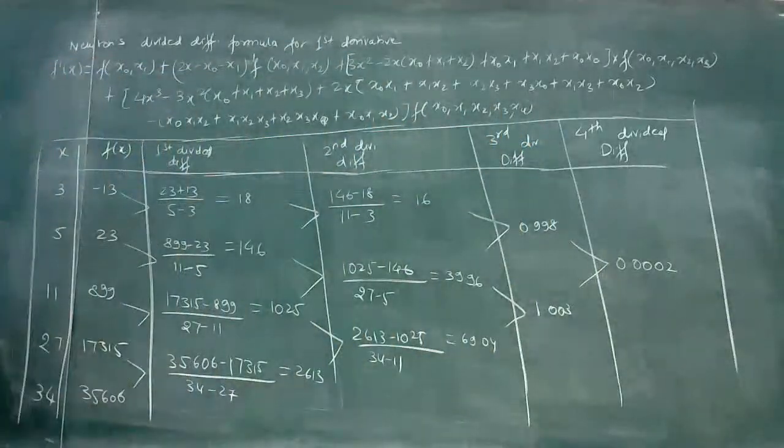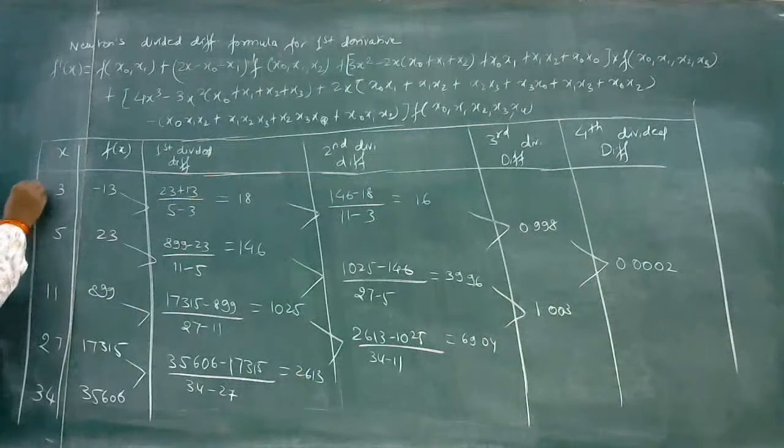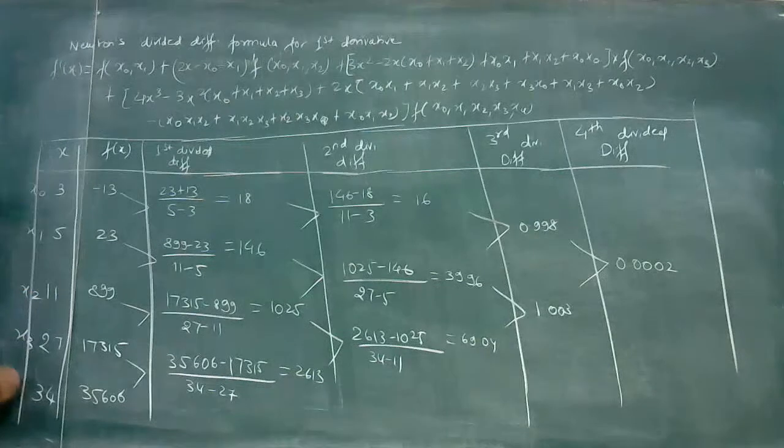This is the formula. It is a very lengthy formula. So this is x naught, this is x1, x2, x3 and x4. Okay. Substitute these values.